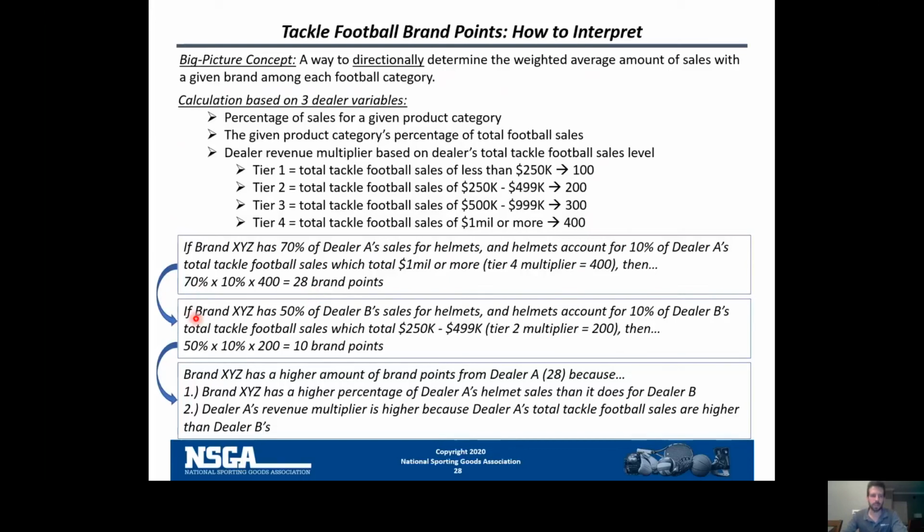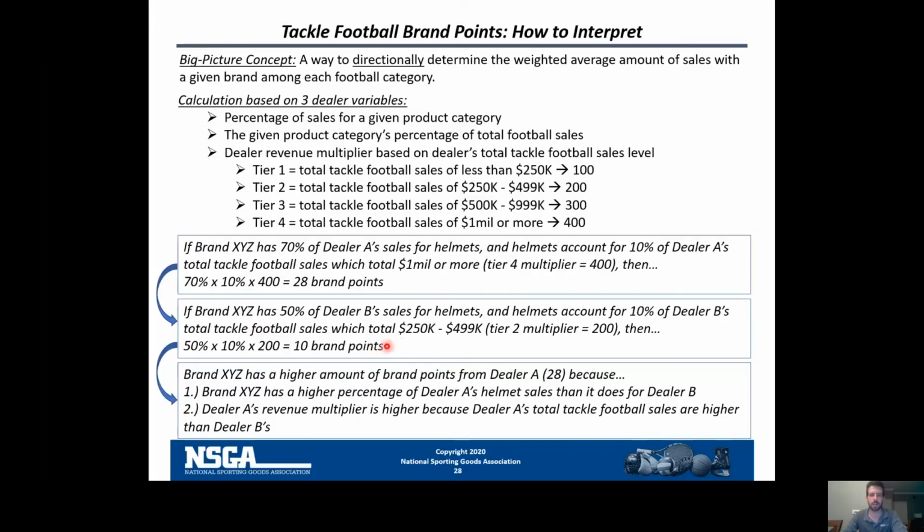So next we have the same brand, but we have a different dealer. So we have dealer B. So brand XYZ, the same brand, has 50% of dealer B's sales for helmets. That's this first variable here. And helmets account for 10% of dealer B's total tackle football sales. So that's the second variable here.